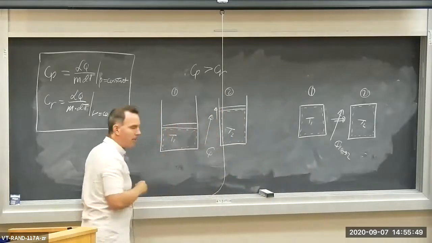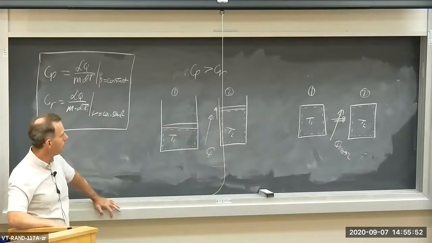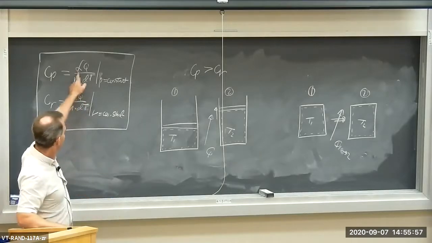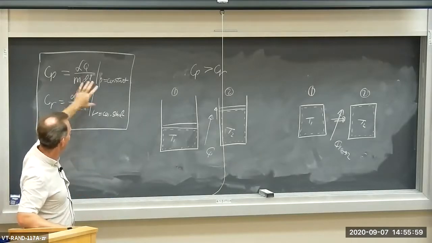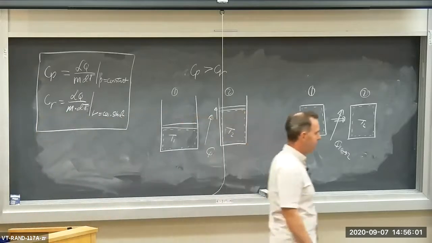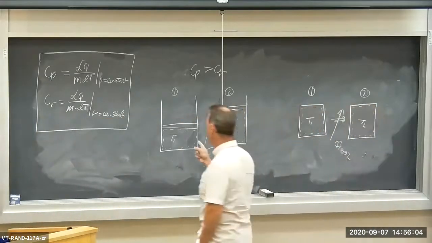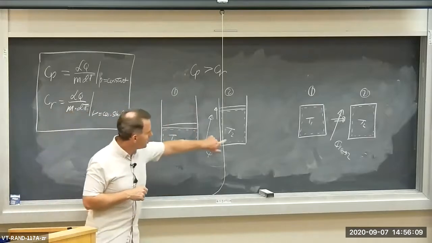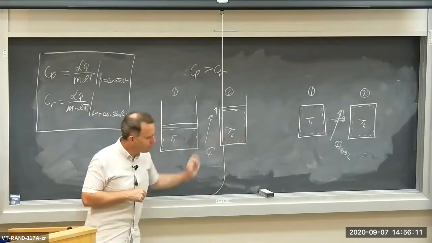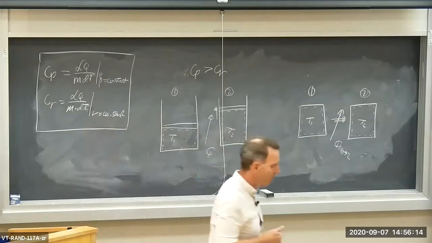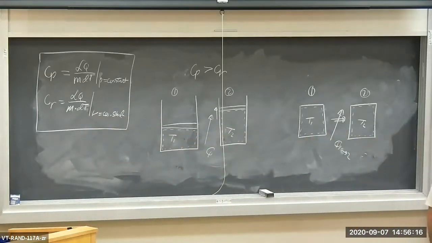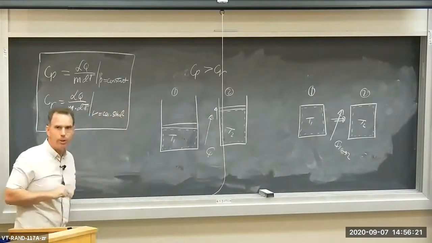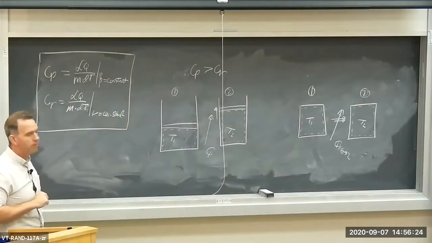So why might the heat transfers be different, required to affect the same change in temperature for a constant pressure versus a constant volume process? If I'm going to raise the temperature of both these systems by 1 degree, and they both have the same mass, why do I have to add more heat for the constant pressure versus the constant volume process?